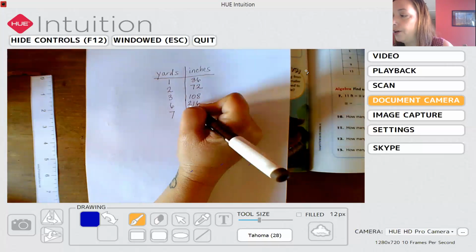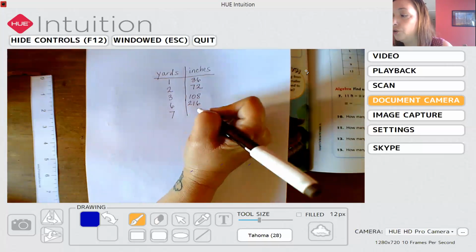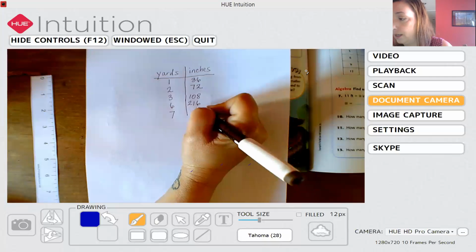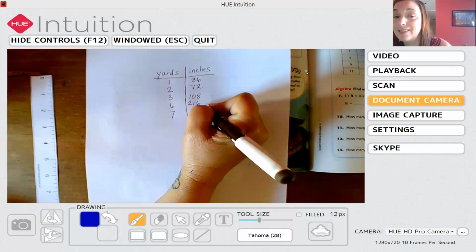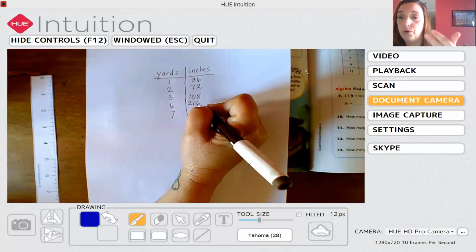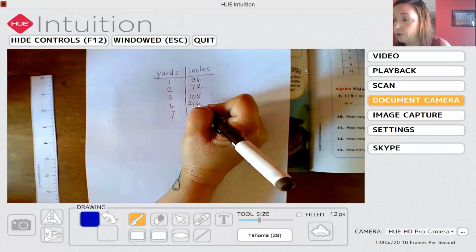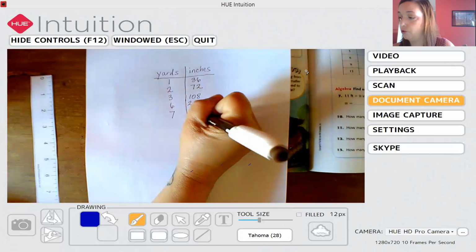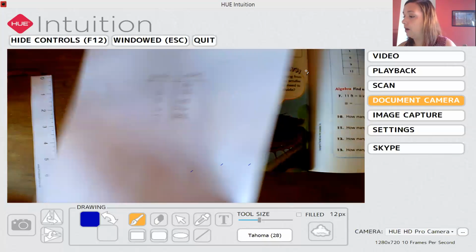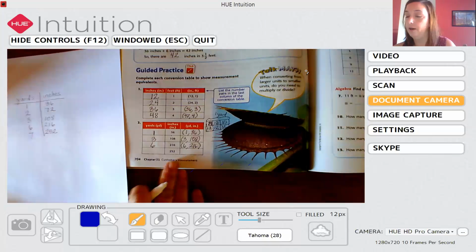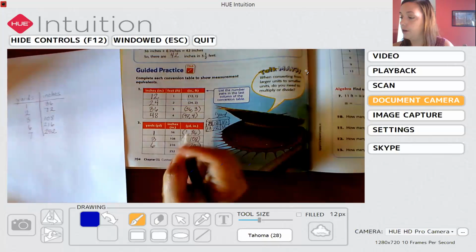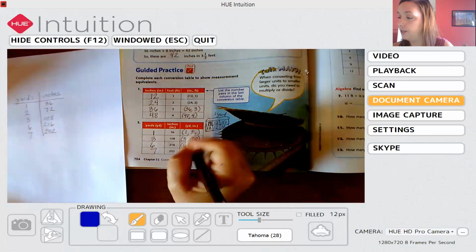So 210 plus 30 would be 246, right? 216 plus 30 would be 246, plus 6 more, so 246, 247, 248, 249, 250, 251, 252. So 252. So now I look here, and that was this one. So that means that 7 yards is 252 inches, 7, 252.